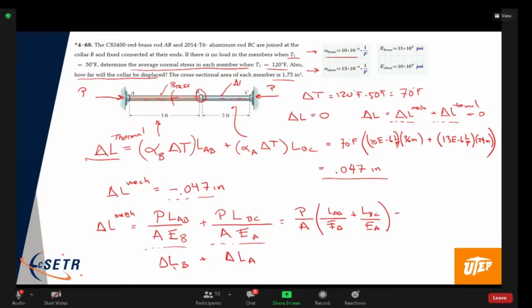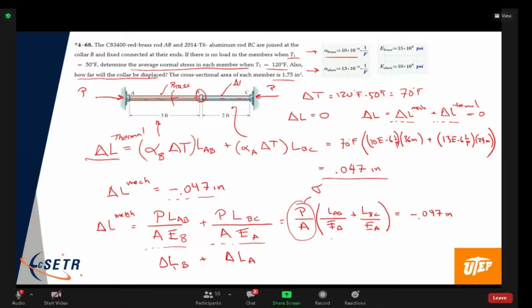And that has to equal minus 0.047 inches, okay? Well, if you look at this, here's force over area. So we could actually calculate force and then figure out the stress, but this actually is the stress. And so we have the same compressive force in the brass and the aluminum, and we have the same cross-sectional area. So the stress is going to be the same, okay? So we can solve directly for the stress.